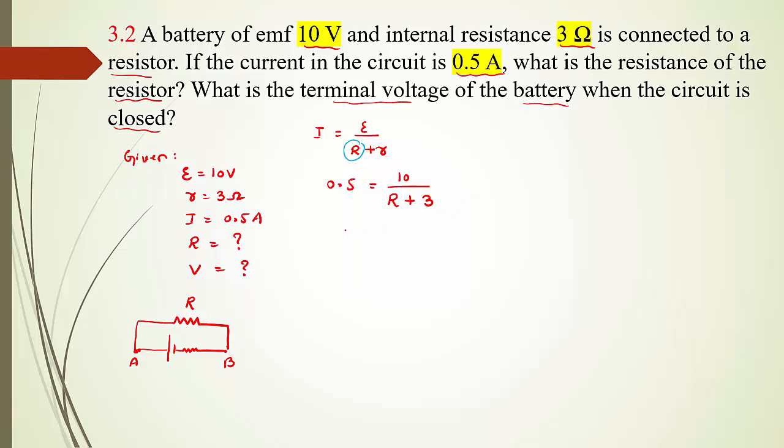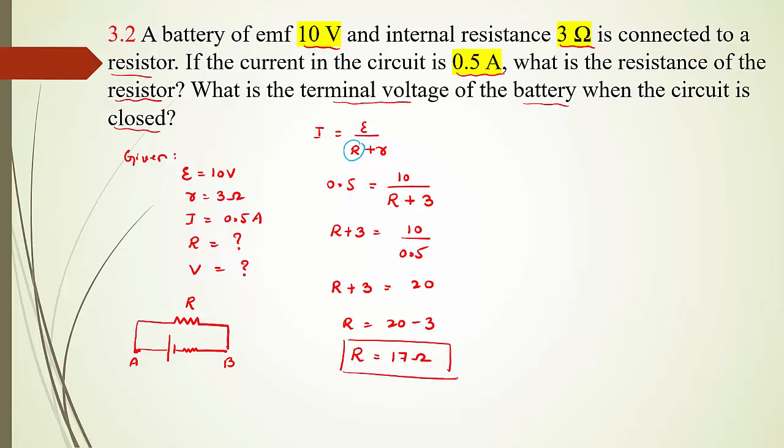Or we can write R plus 3 is equal to 10 divided by 0.5. So the calculation will be very easy. R plus 3 equal to 10 by 0.5, which is 20. So R equal to 20 minus 3.